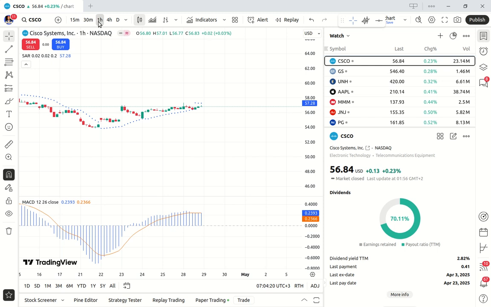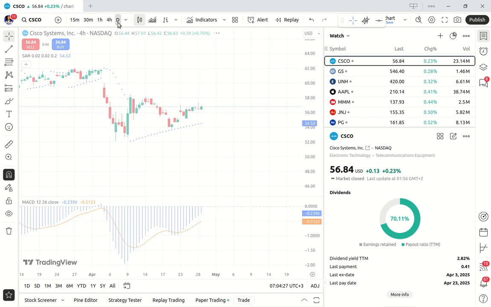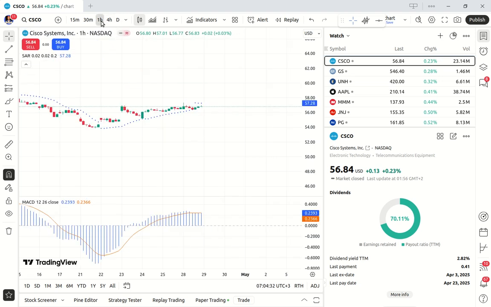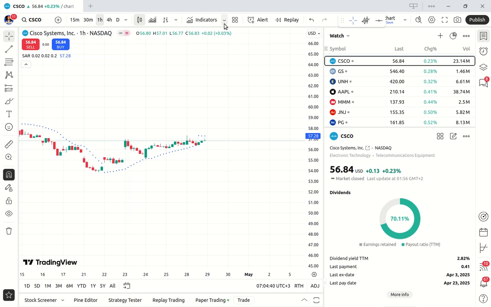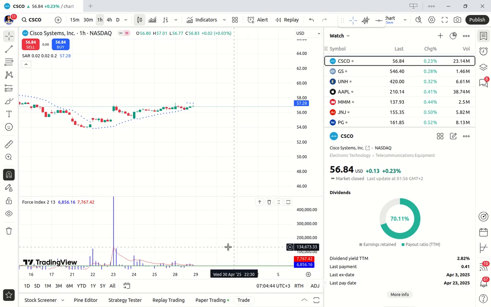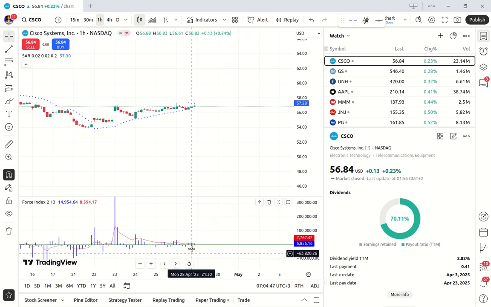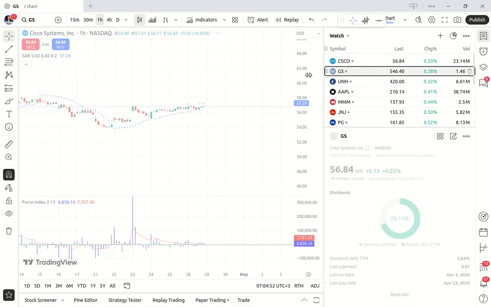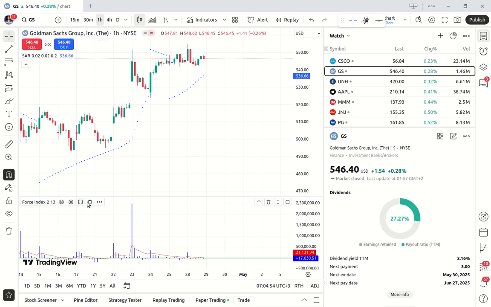Very close. Nah, I think it's going through. The only thing that would be left for this one would be the parabolic and the force index, right? So even after it hits that parabolic, I would wait for that pullback on the force index for entry, right? But it's close enough.